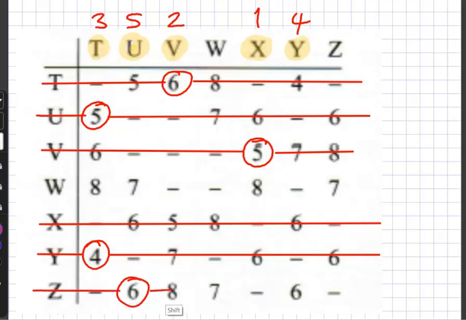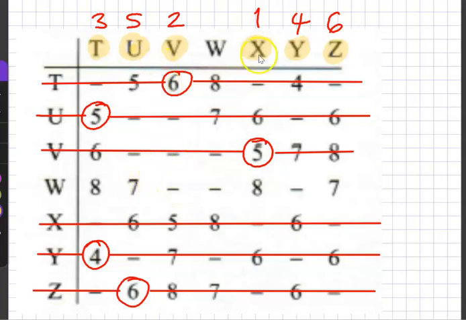I could have gone with the other 6. It doesn't make any difference. Okay, but I've now got Z connected. So that's my 6th node connected. And now I'm looking at effectively which one is the cheapest one connecting up with W. So I'm looking down T, 8, 7, that's smaller.